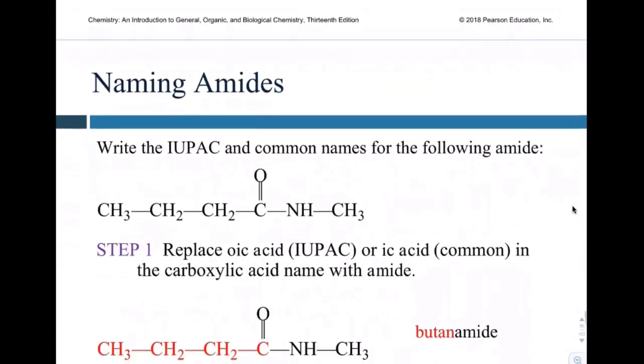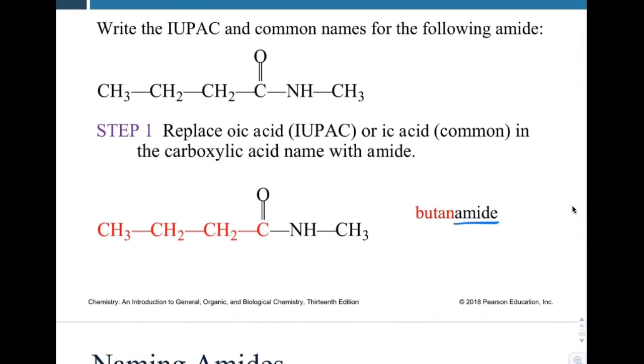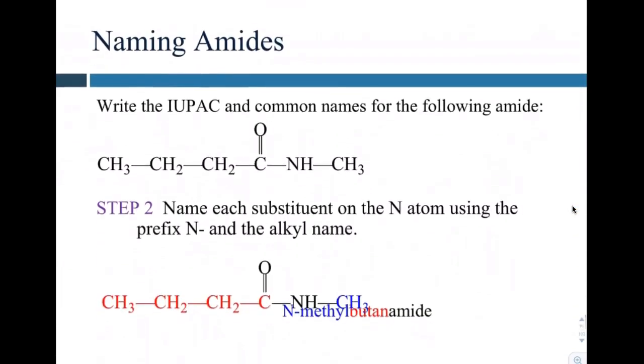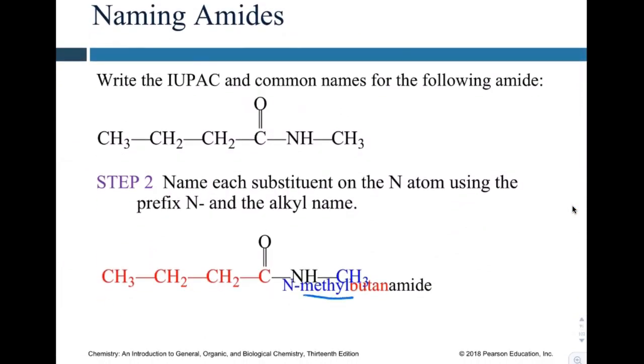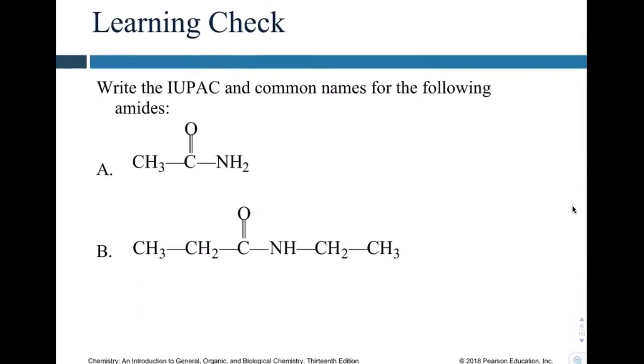And then our butanoic acid becomes butanamide. And our methyl needs to now be explicitly stated that it is hanging off the N. So this is N-methylbutanamide. Try these. Pause them.